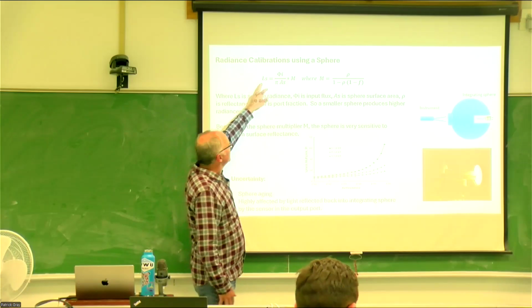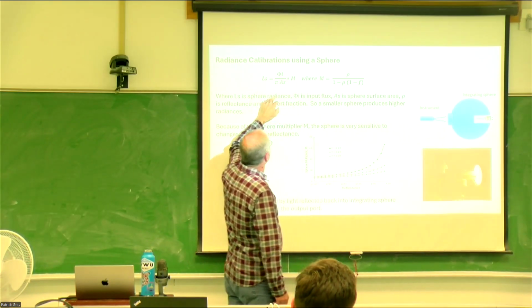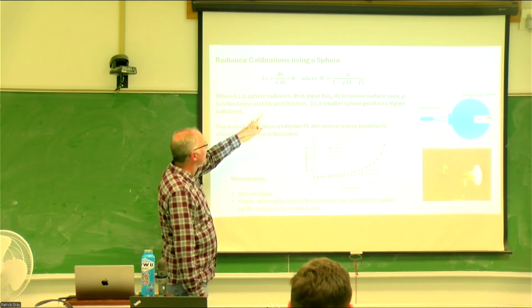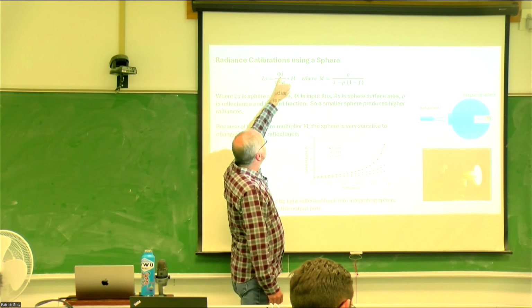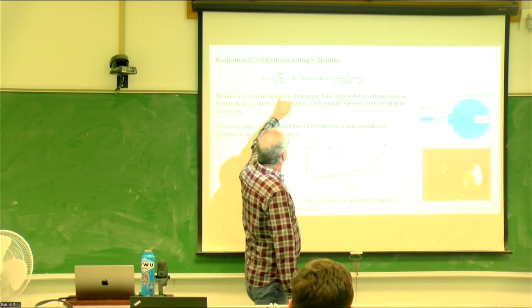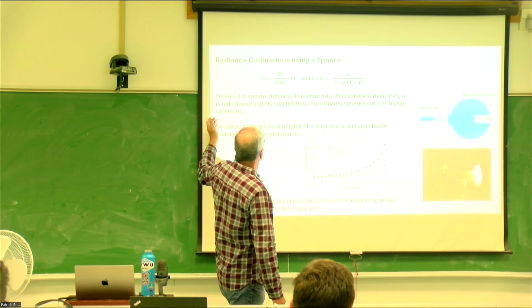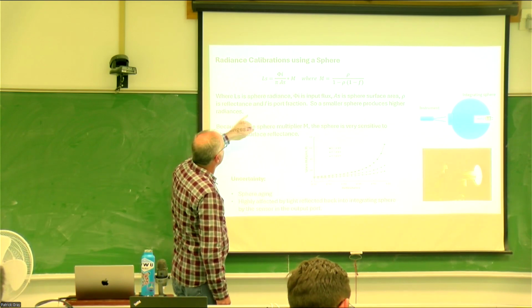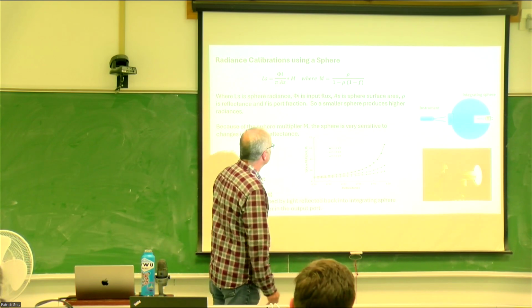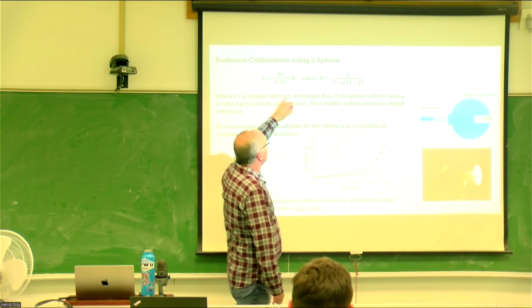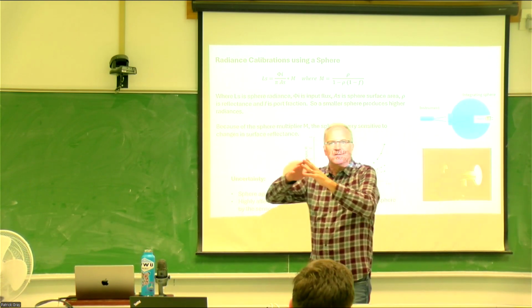The measurement of the radiance coming out of this port is a function of the input flux in the numerator, the surface area of the inside of that sphere times pi, obviously, and then we have to do a multiplication adjustment factor, because the inside of the sphere is not contiguous.